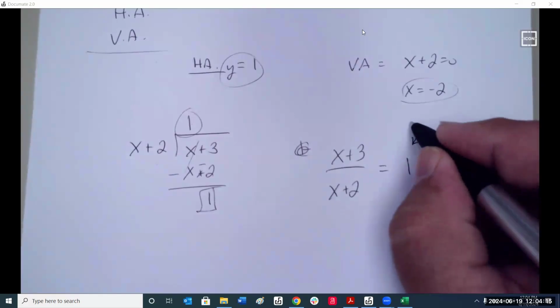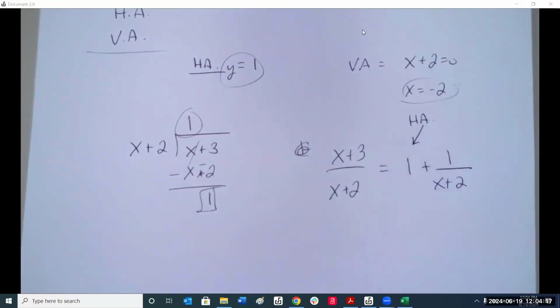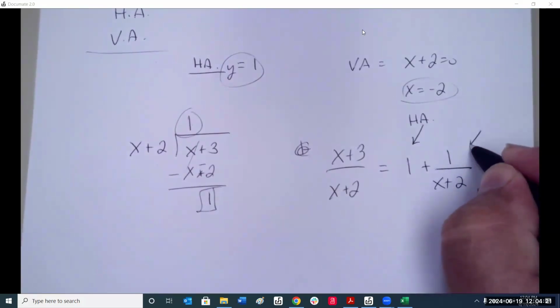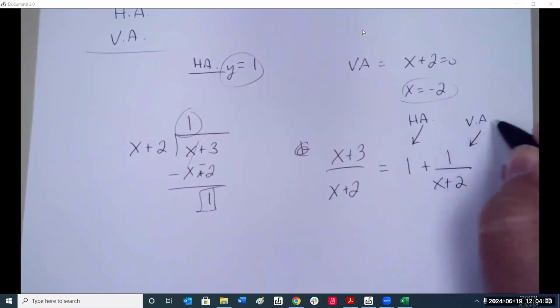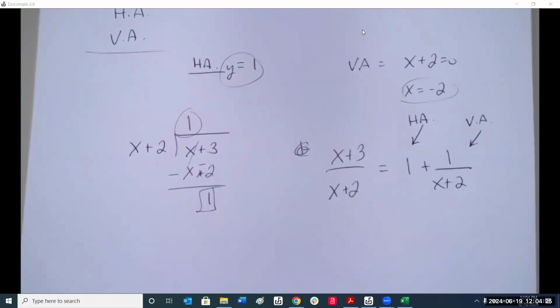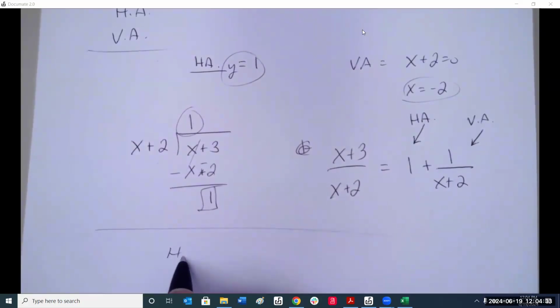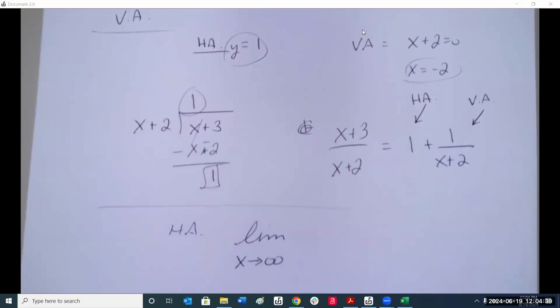This part is your horizontal asymptote. This part is your vertical asymptote. So the remainder becomes our numerator? Well, yeah, I'll show you why. Because for the horizontal asymptote, we have to take the limit as x goes to infinity.